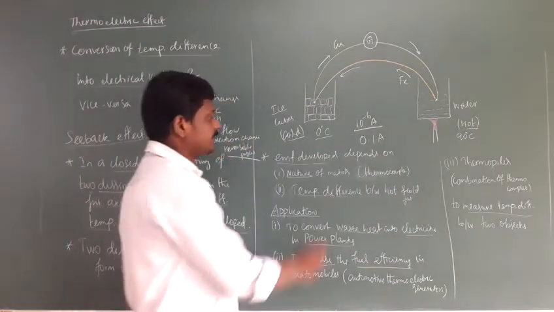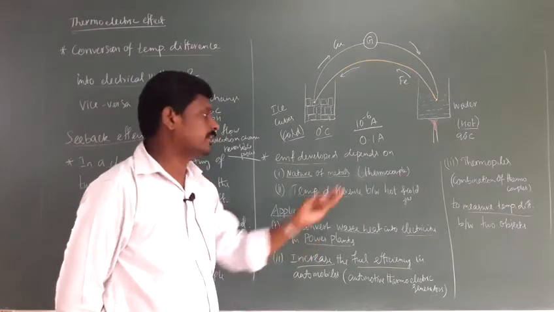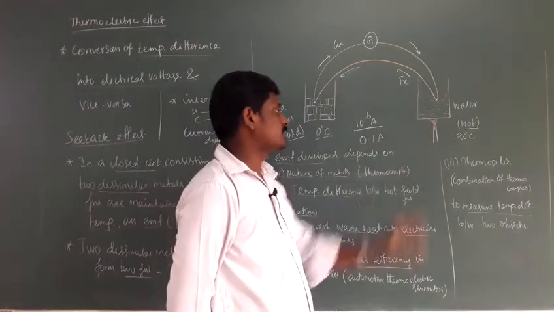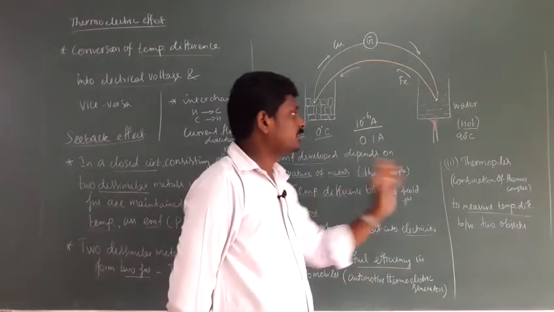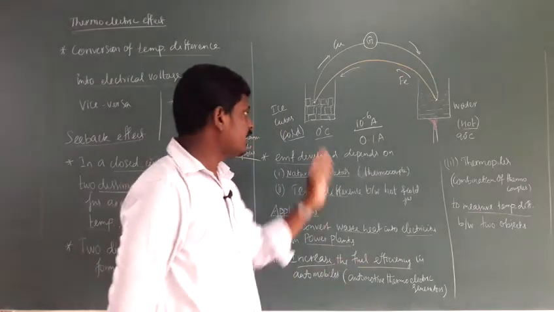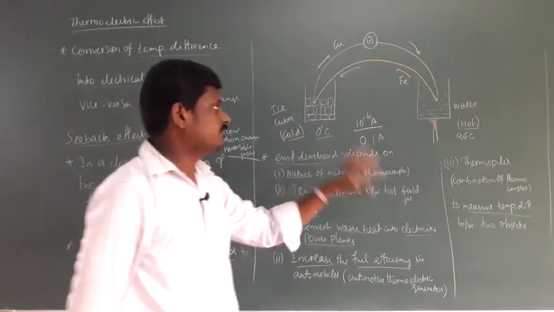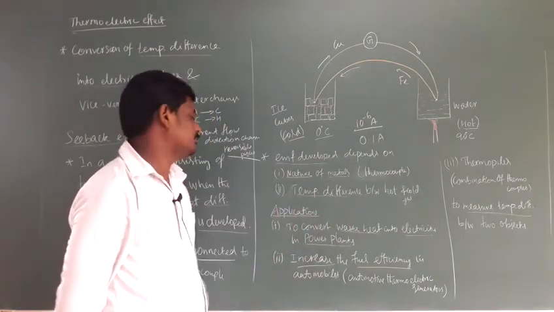So it depends upon the nature of the two metals making the thermocouple. It also mainly depends upon the temperature difference, whether 0 degree and 90 degree, 0 and 100 degree, or 40 and 90 degree. The EMF developed depends upon the temperature difference.